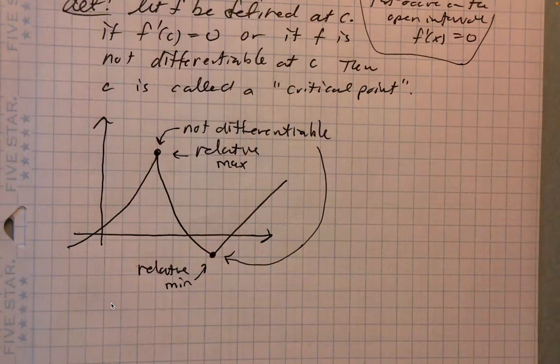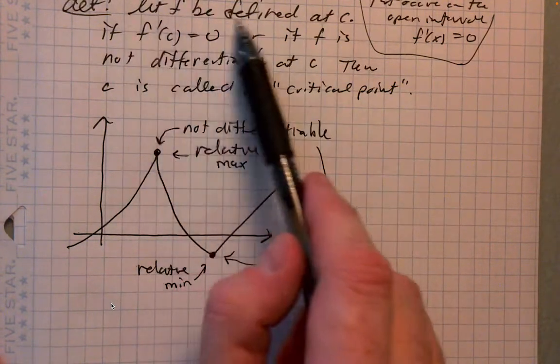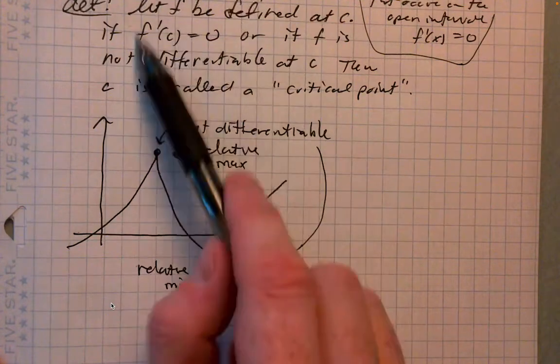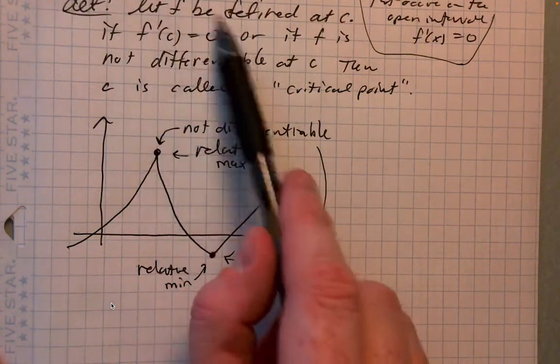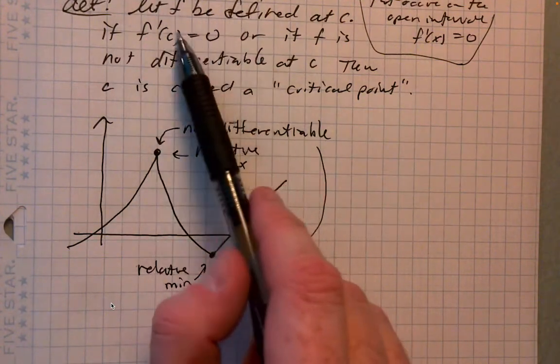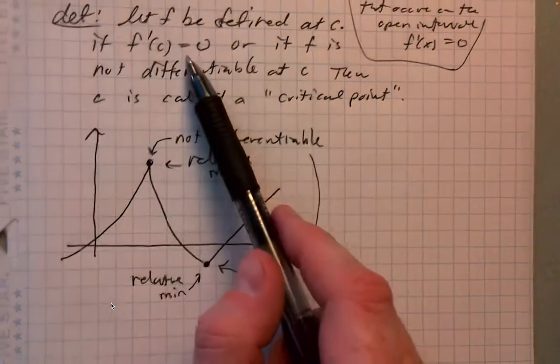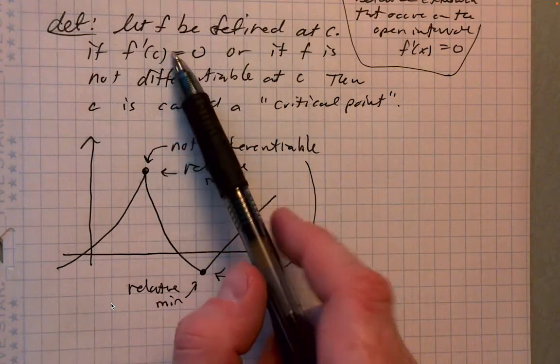So if there's going to be this sort of non-differentiable issue, then it's going to tend to occur at relative extrema, where the function rapidly changes directions. And so that's why we say let f be defined at c. If f prime of c equals 0, well, in a nice, smooth, differentiable region where the derivative is 0, that's the kind of relative max or min we just looked at in the previous example.